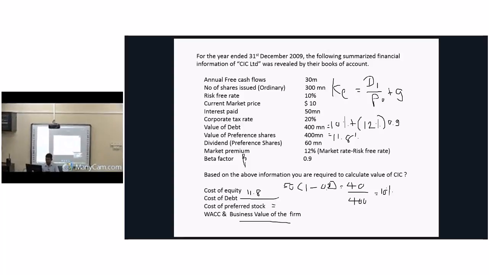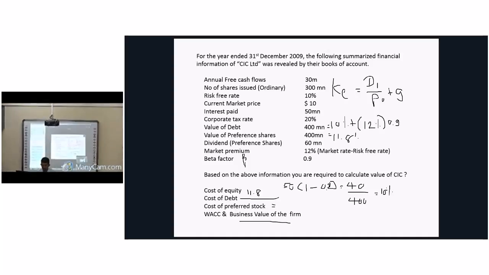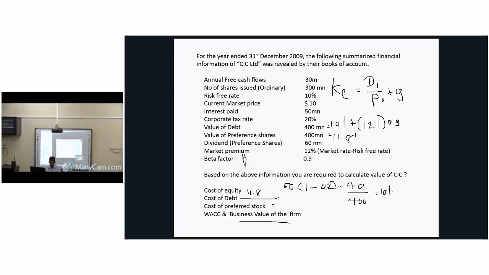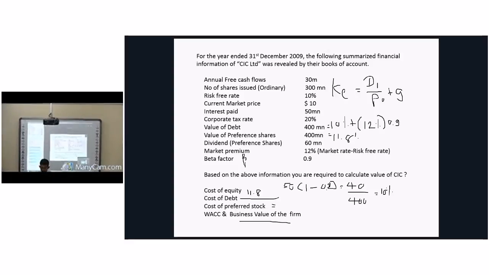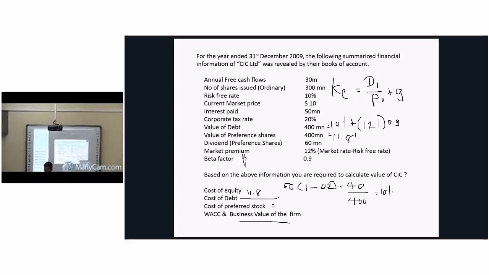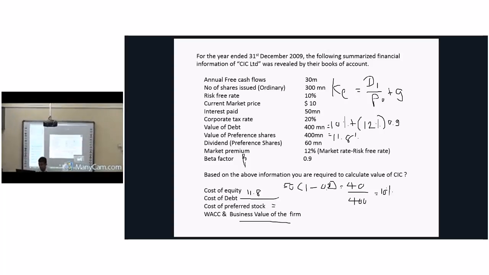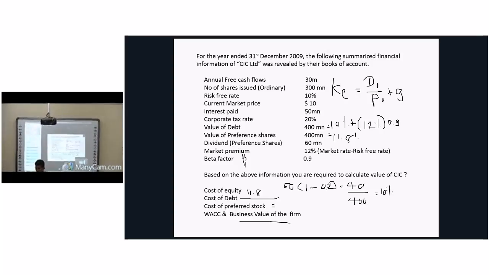So without adding the 10%, the cost of equity has to be 20.8%. Thank you for the correction. If you resolve this, you will get 20.8%. And cost of debt is 10%.